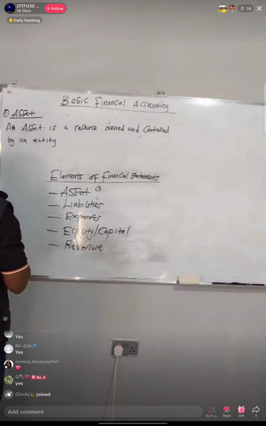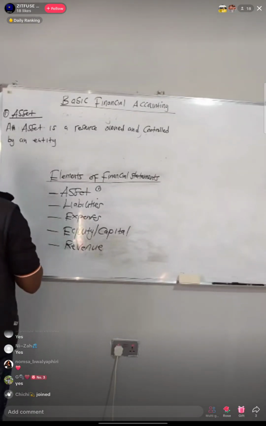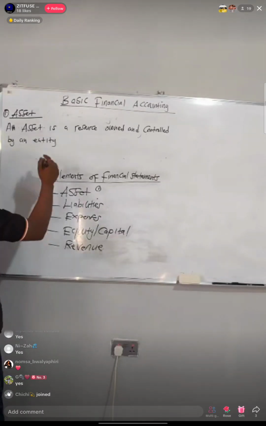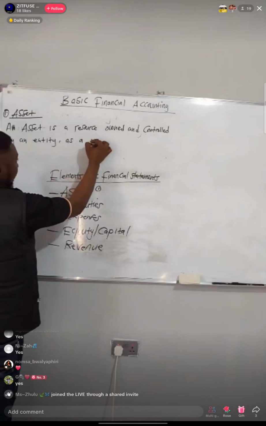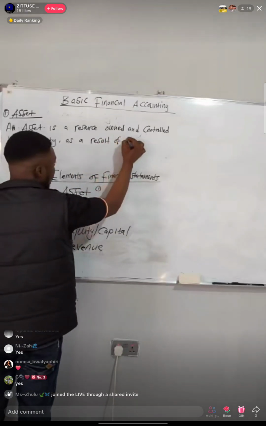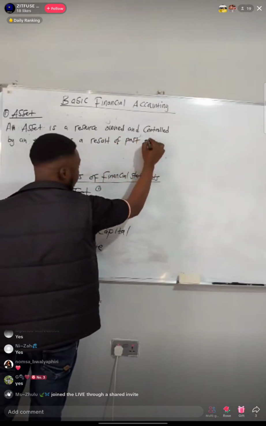So just a confirmation check. I hope you guys are able to see what I'm writing there, and also that you are following. Controlled and owned by an entity as a result of past events.